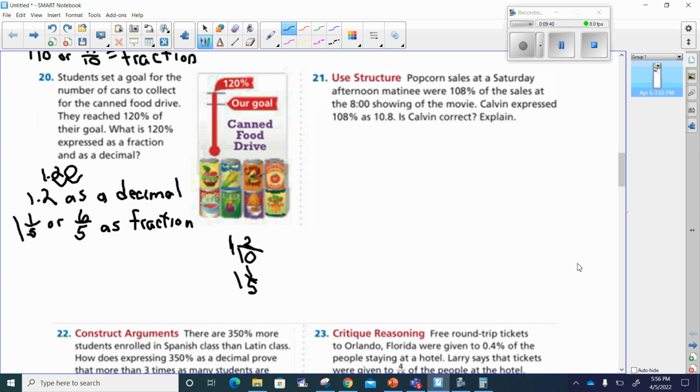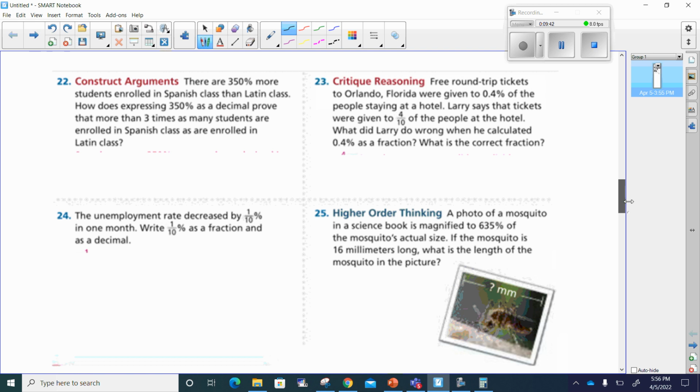All right, let's go to number 22. Says there are 350% more students enrolled in Spanish class than Latin class. How does 350% as a decimal prove there are more than 3 times as many students enrolled in Spanish as enrolled in Latin?